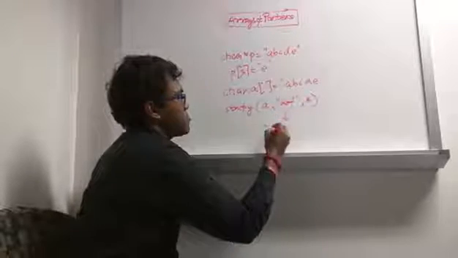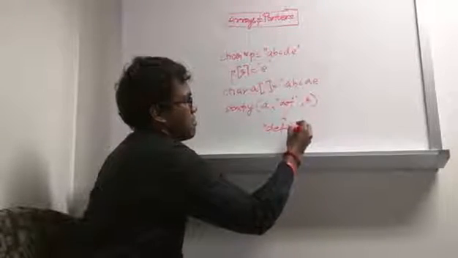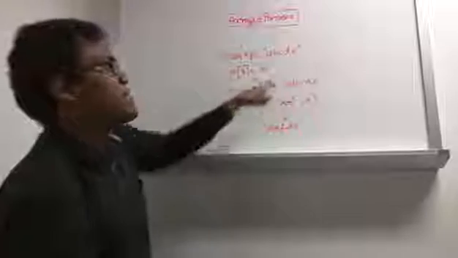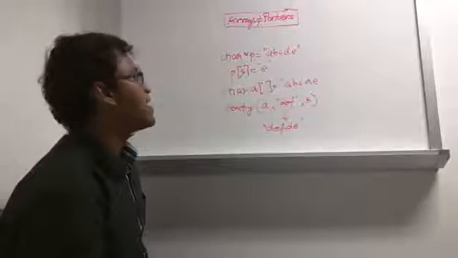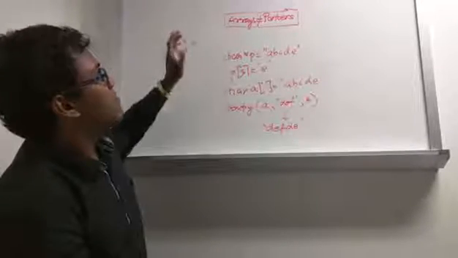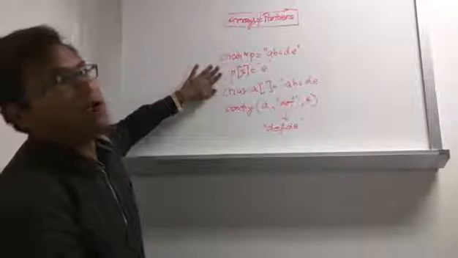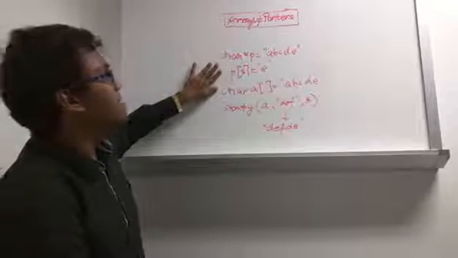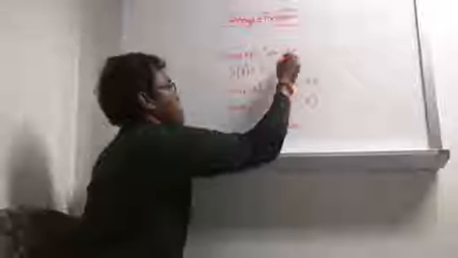This will allow us to change the string from a, b, c, d, e to d, e, f, d, e. So when you define a string literal using a pointer, it is immutable and cannot be changed, and this would be an error.